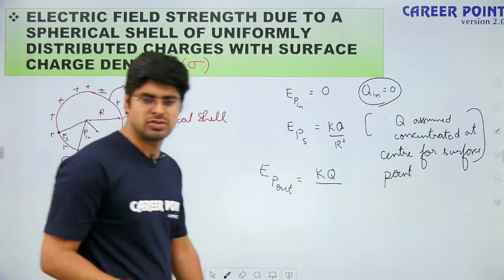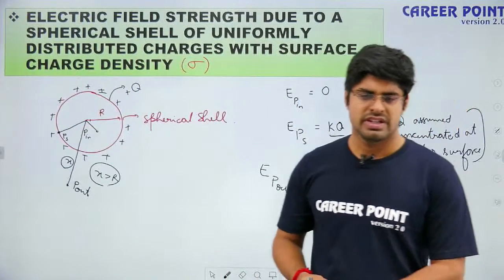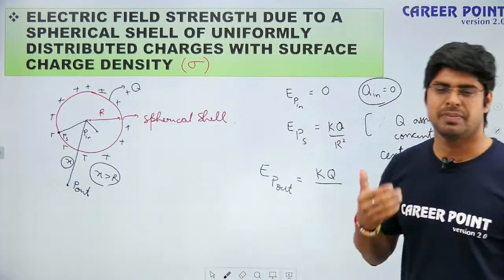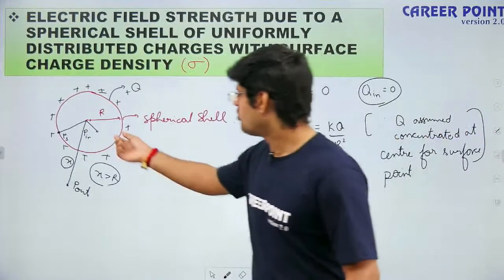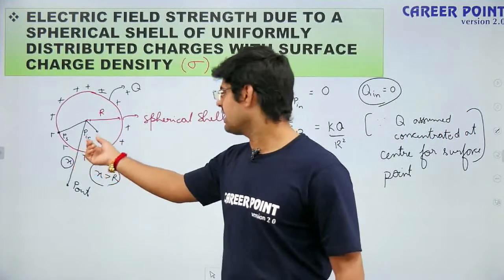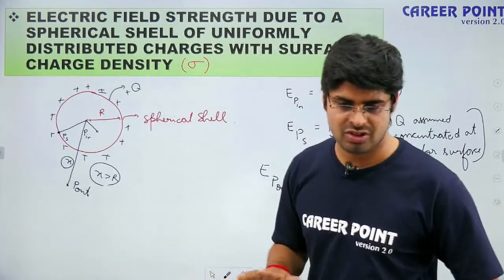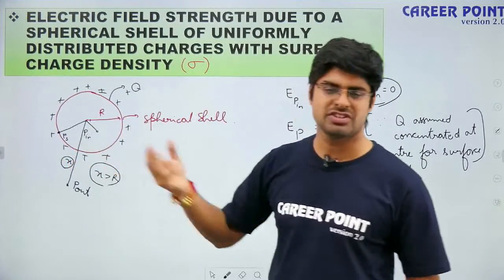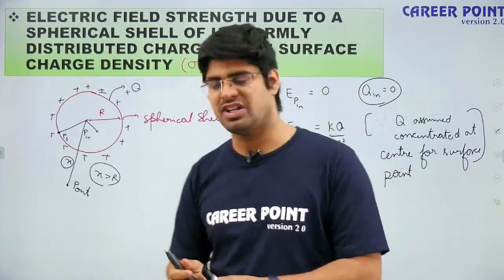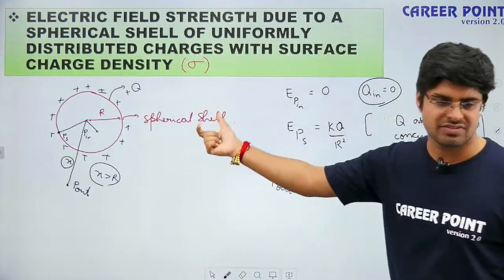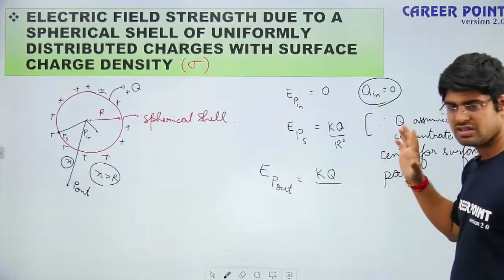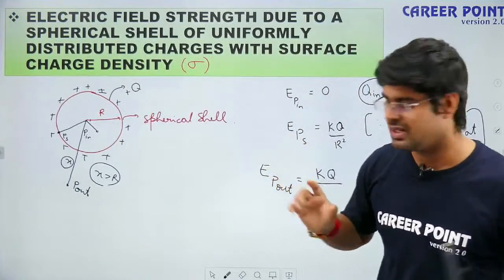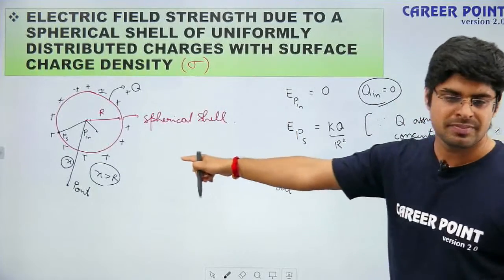So in that case, what can we do? Sir, the electric field at point P is KQ by R square, right? Right, but it depends on what point you are considering. If you are considering an inside point, then there will be no electric field. If you are considering a surface point, you can assume the whole charge on the surface to be concentrated at the center, so for the surface point you can directly write KQ by the radius of the spherical shell squared. Now for an outside point, the whole charge will be concentrated at the center, no doubt about it, but the distance will be taken according to the location of the point.